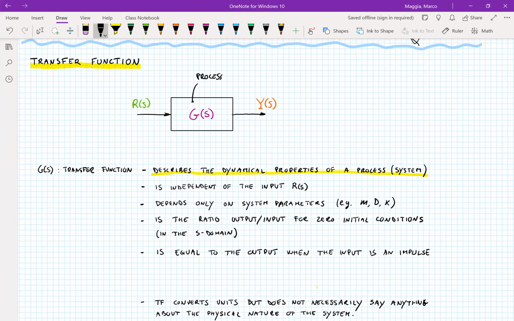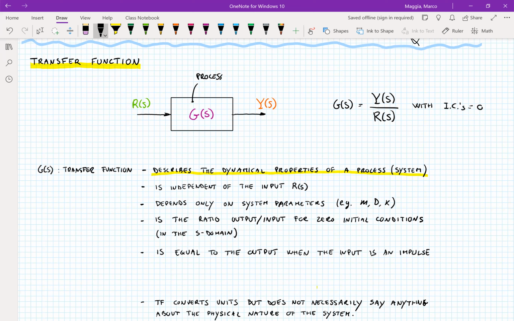We can also mathematically define it as the ratio between the output and the input. However, this has to be done when the initial conditions are all set to 0. And why is that?